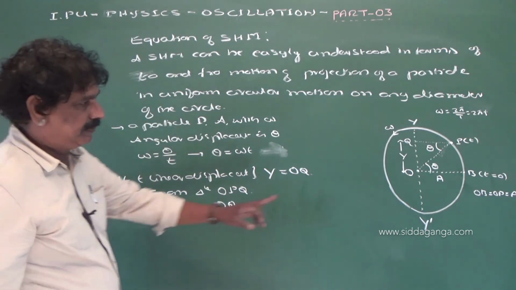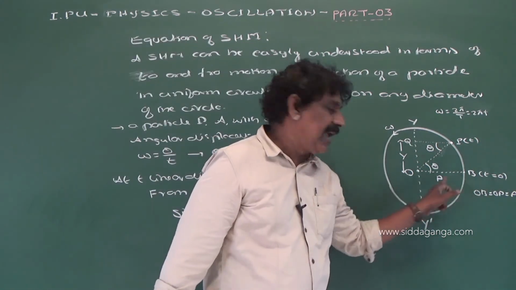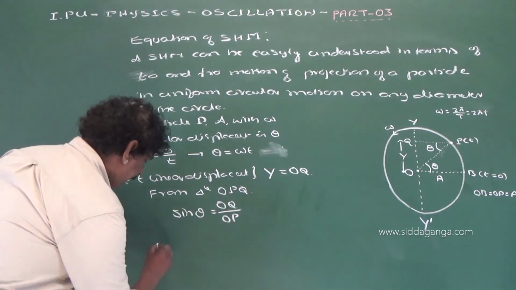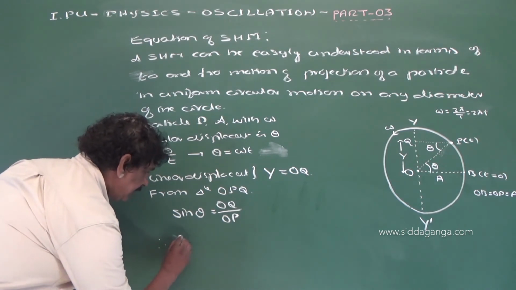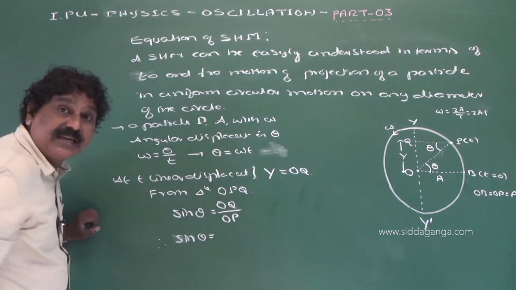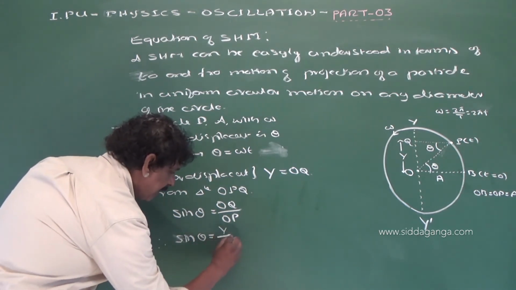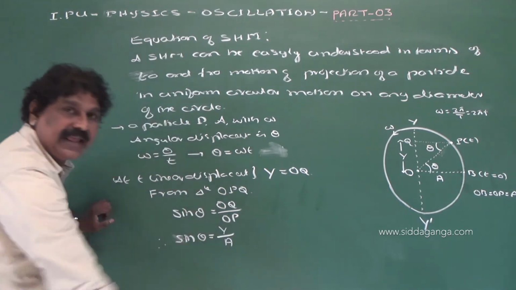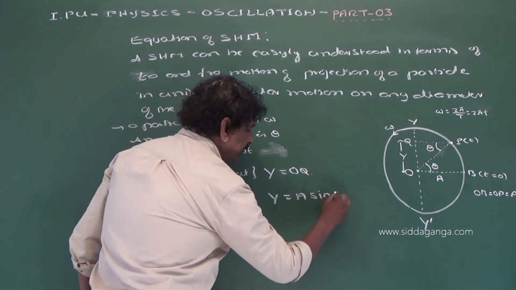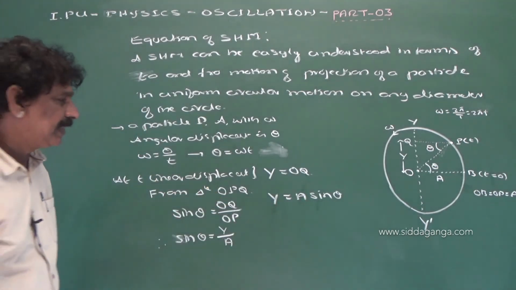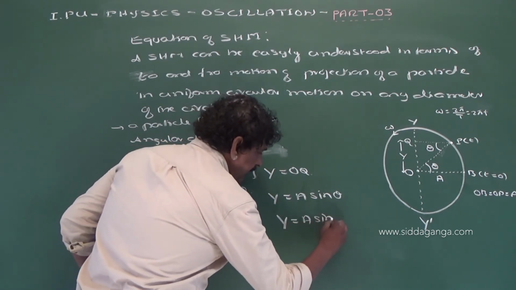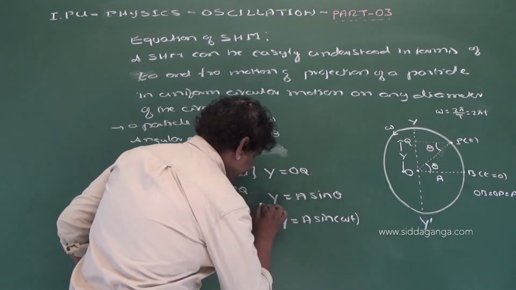But OP is equal to A, equal to radius of the circular path, and OQ is equal to Y. Therefore, sin theta is equal to Y by A, where A is radius, or Y is equal to A sin theta. But what is theta? Theta is equal to omega t. Y is equal to A sin omega t, right.